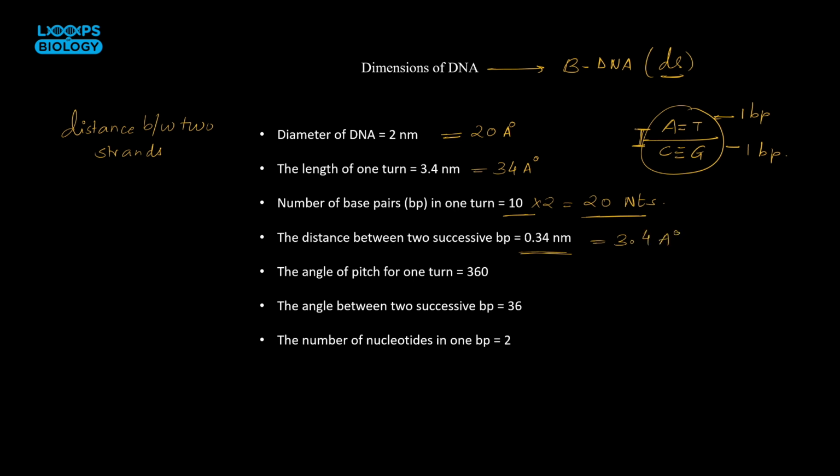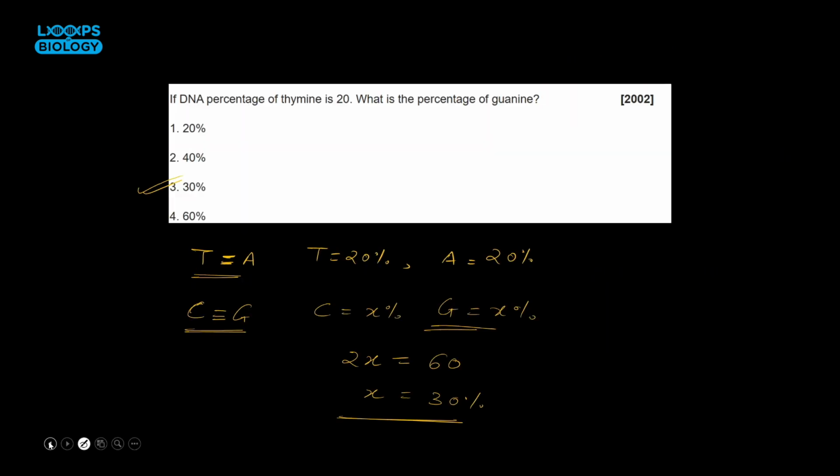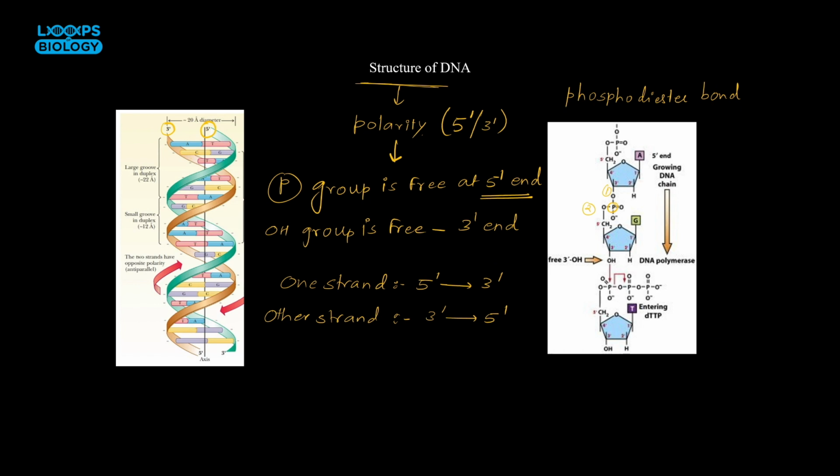Then the angle of pitch of 1 turn, from which particular angle the turn is formed. Alright. And this angle has to be in a repeated form in the next case. Whenever I'm talking about 1 turn of the DNA, this turn is completely made, and from this point it is again repeating as a first turn.